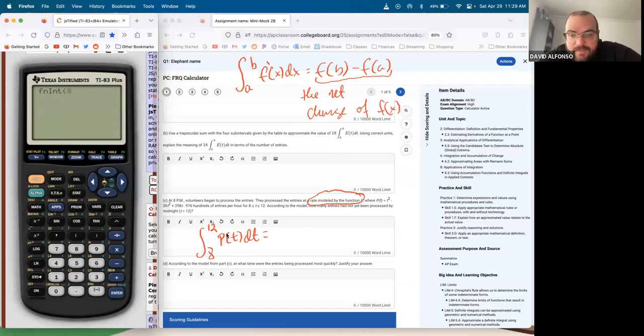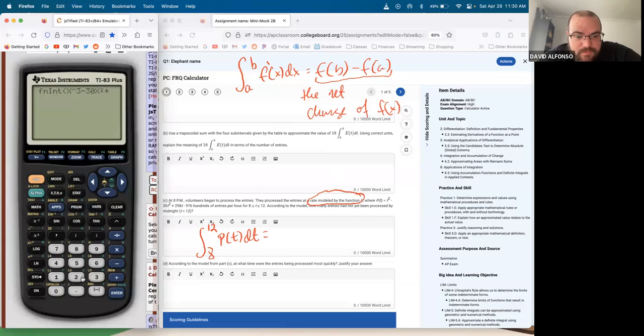First off, you start by typing the function. Again, the only variable you have to work with is x. So even if you're working with t, you just make it an x. It's the same thing. So we're going to do x cubed minus 30x squared. There's a button here for squared. You can either do the square or raised to the 2. Both are correct.